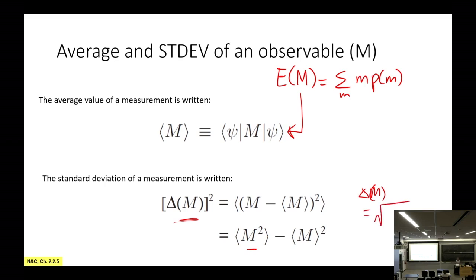So it equals the square root of the average of M squared minus the square of the average of M. This formulation of measurement and standard deviation is nice because it is a really logical step to deriving the Heisenberg uncertainty principle yourself, which I think you'll get to do in your homework.